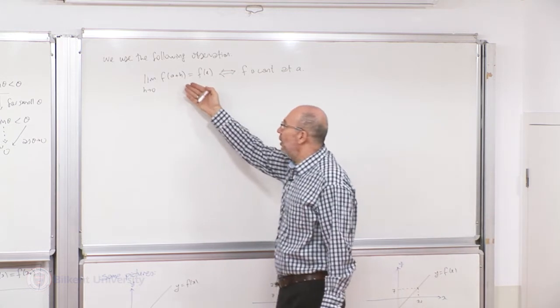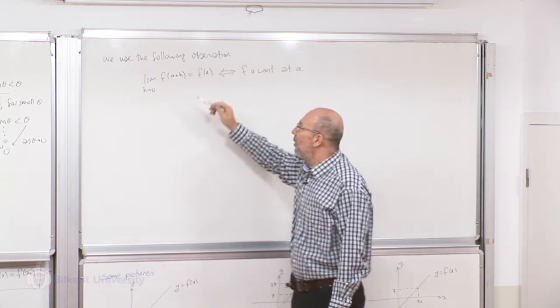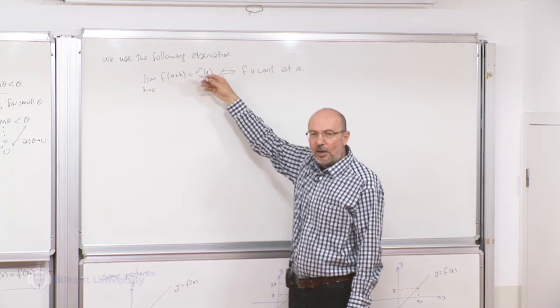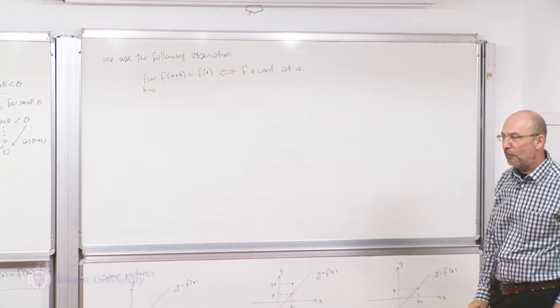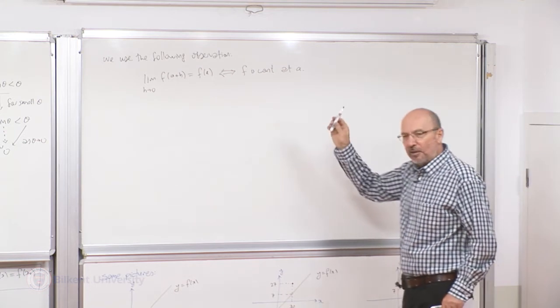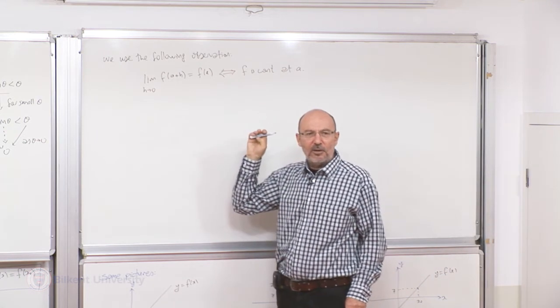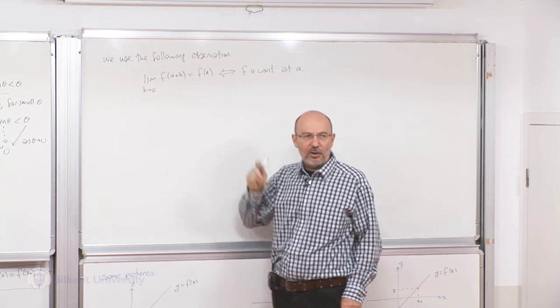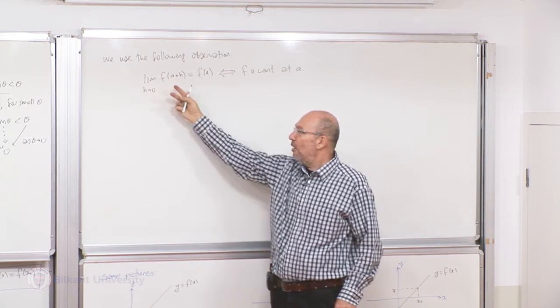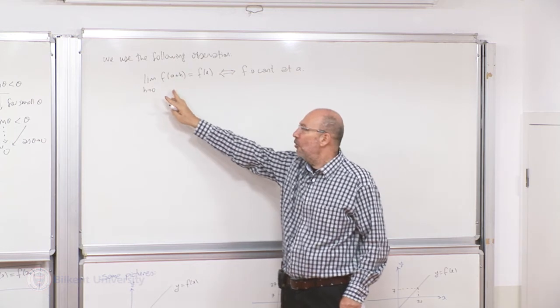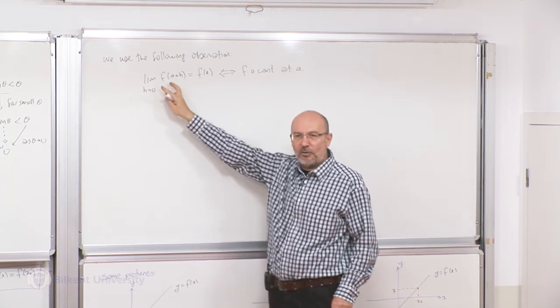Okay, so I will not prove this because it is easy. You just change variables here, or you can draw pictures. You can use epsilon delta. Okay, so it's an easy proof since we are not doing proofs. But now here comes the following useful observation. Remember that one of the equivalent definitions of continuity is that if f is a continuous function, you can change the places of these.